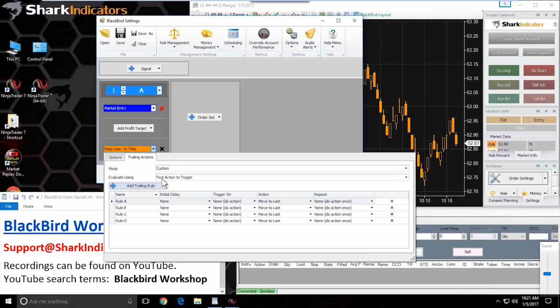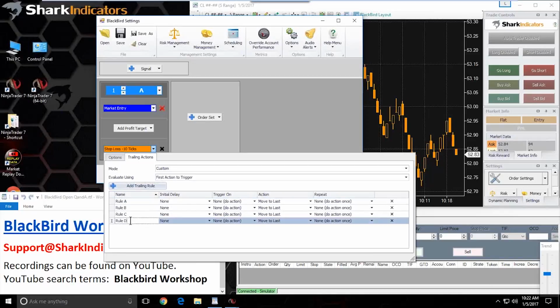So it's just simply whichever one of the four rules, so if I have four rules, whichever one out of the four fires off first, well, then that one gets marked. So say, for example, rule D could be the first rule that fires off. And basically, BlackBird just marks rule D as the first one that fires off. And so therefore it just has the priority.